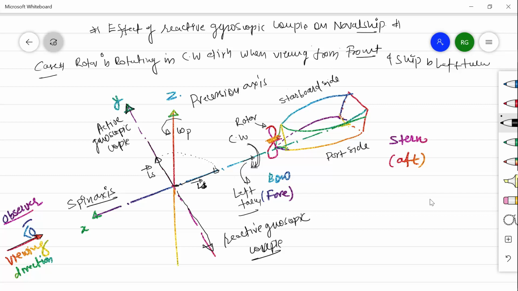If this is the reactive gyroscopic couple in this direction, and we point our thumb in the direction of the reactive gyroscopic couple, we find that the effect would be something like this, and if I transfer this effect on the ship, it would be something like this.